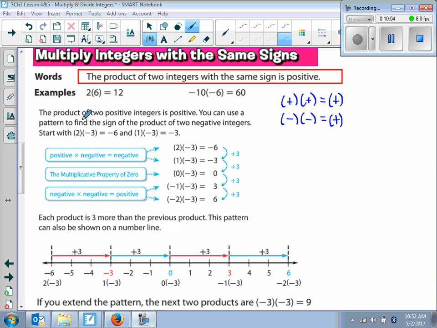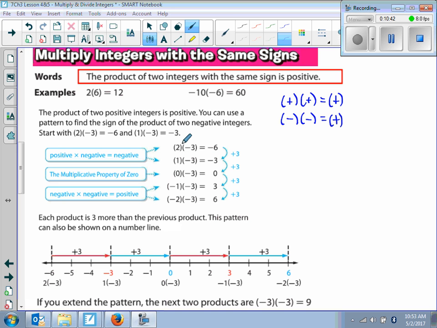You can use a pattern to find the sign of the product of two negative integers. So if we start with 2 times a negative 3, we know different signs, the answer is negative, right? So 2 times negative 3 equals negative 6. If I continue this pattern, multiplying times a negative 3 all the way down, and then I reduce by 1, I'm going to multiply times 2, then times 1, then times 0, then negative 1 and negative 2, then let's see what happens in our pattern.